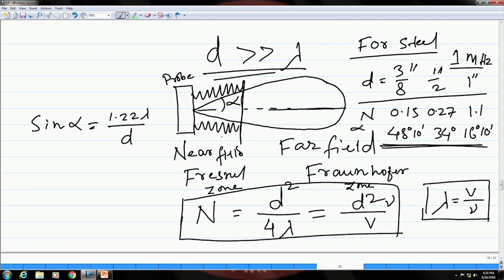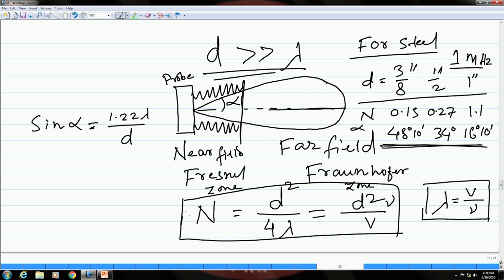One is known as the near field, where you have a lot of fluctuations in the intensity of the sound wave, and as you go away from the transducer, it becomes more uniform. That zone is known as the far field, and these two depend on the size of the probe d and the wavelength lambda, which can also be expressed in terms of the velocity of sound waves and the frequency.